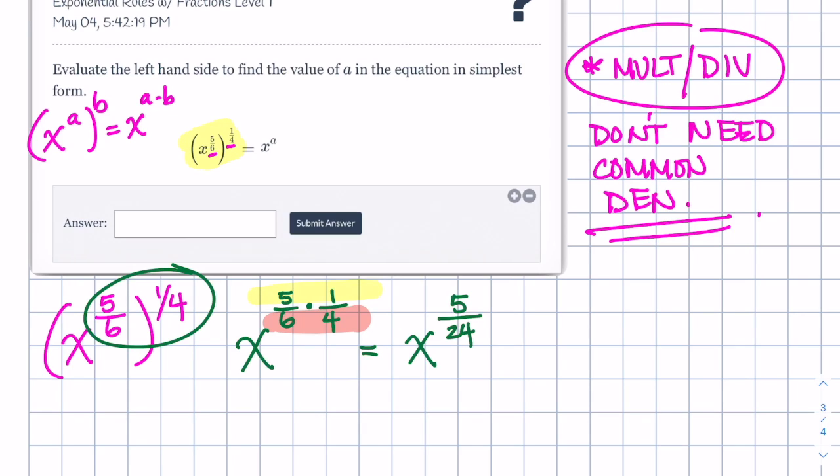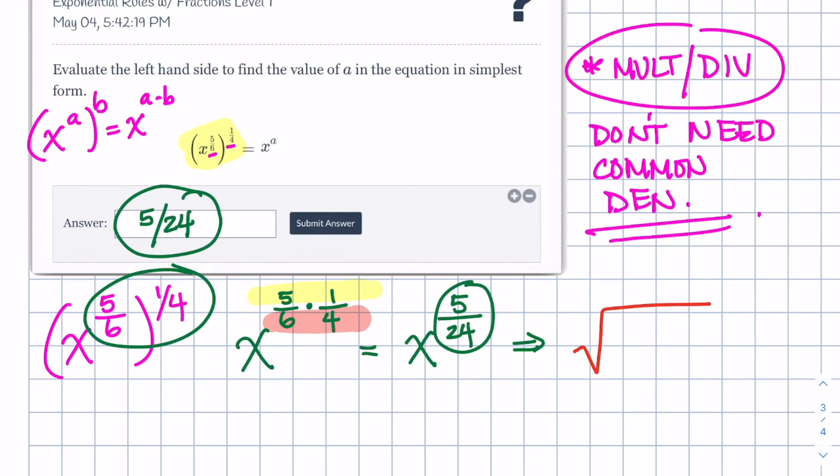And I think that's as far as you can go. So that would be the power. And just again to practice, if you wanted to turn this into a radical, you can do this. The 24th root, this number is the root of x to the 5th.